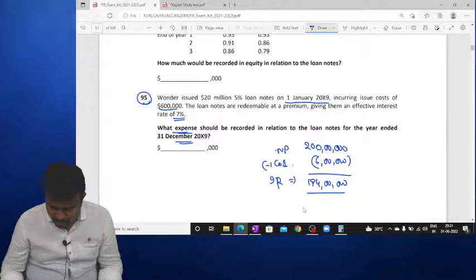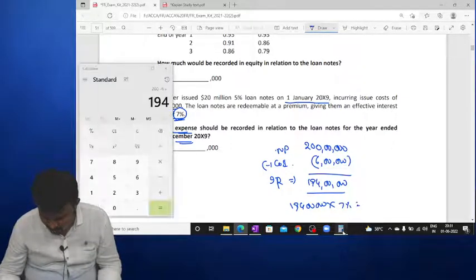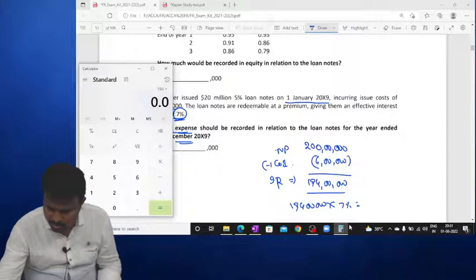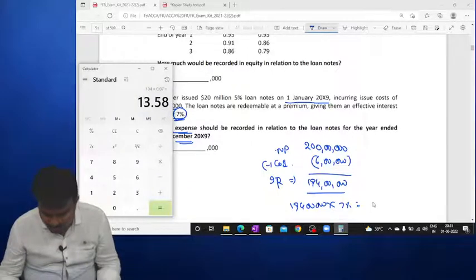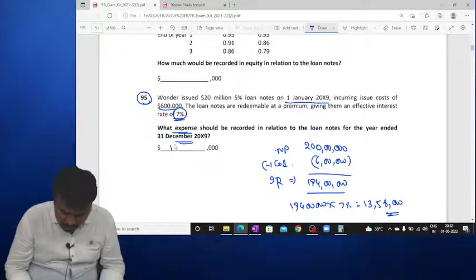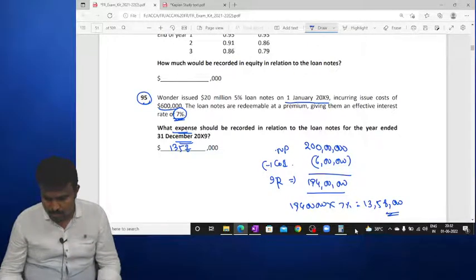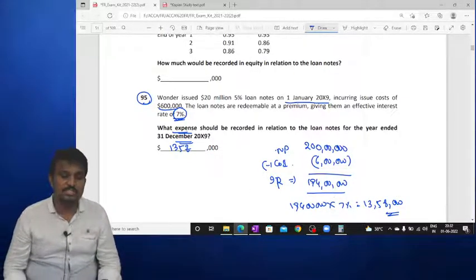So 194 lakhs into the effective rate of interest, 7%, into 0.07, equals 13.58 lakhs. Okay, so 1358. So this is the amount.